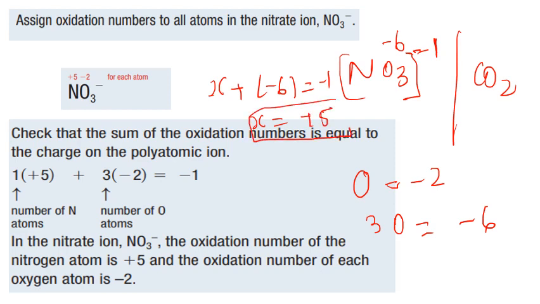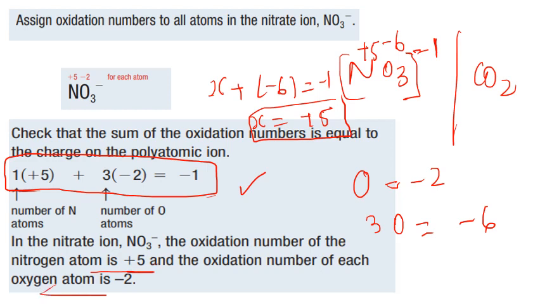So that means the nitrogen oxidation number should be +5, because when they add, they will give overall charge -1 to this ion, right? All this calculation is nicely explained with the text and solved here for your convenience. You can go ahead and read that. So in nitrate ion, nitrogen carries +5, and the oxidation number for each oxygen atom is -2.